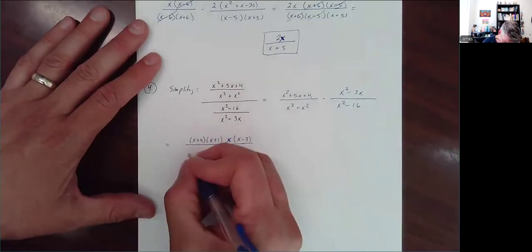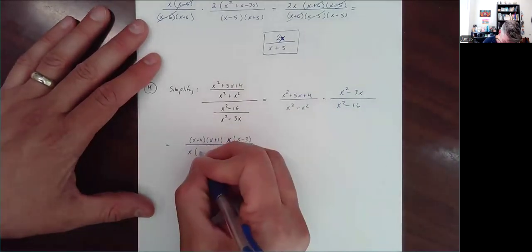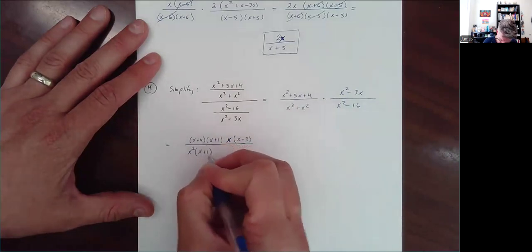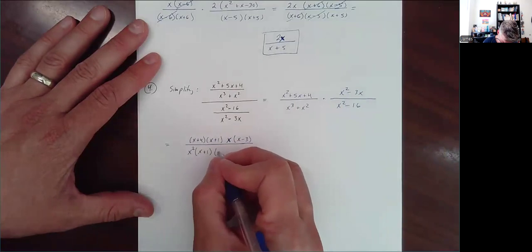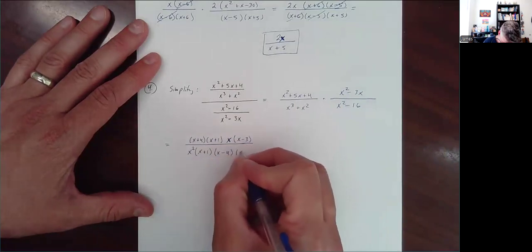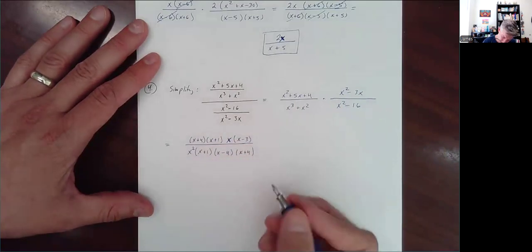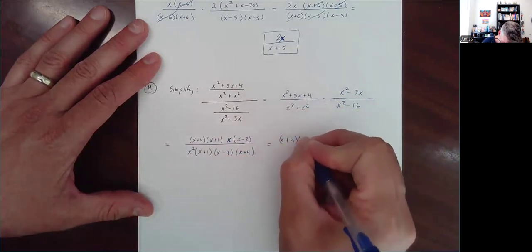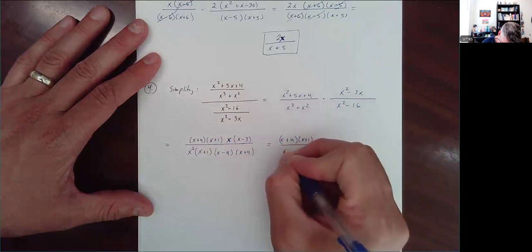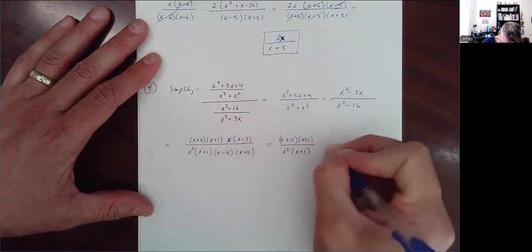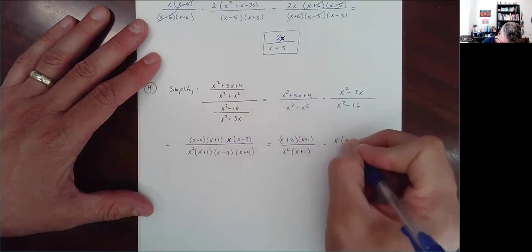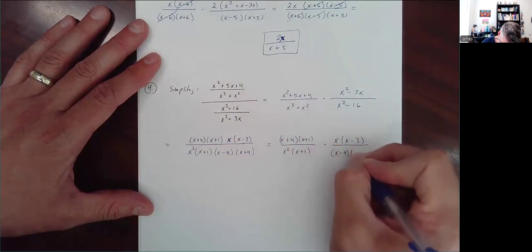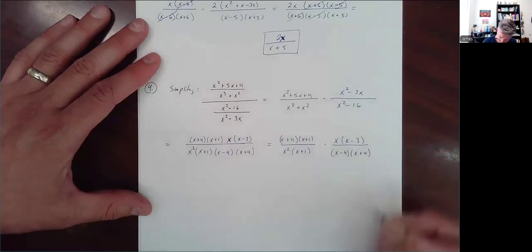In the denominator, I have an x squared times x plus 1, and I have an x minus 4 times x plus 4. It's fine to write it like this or separate like this. Either way, we're still conveying the same information.